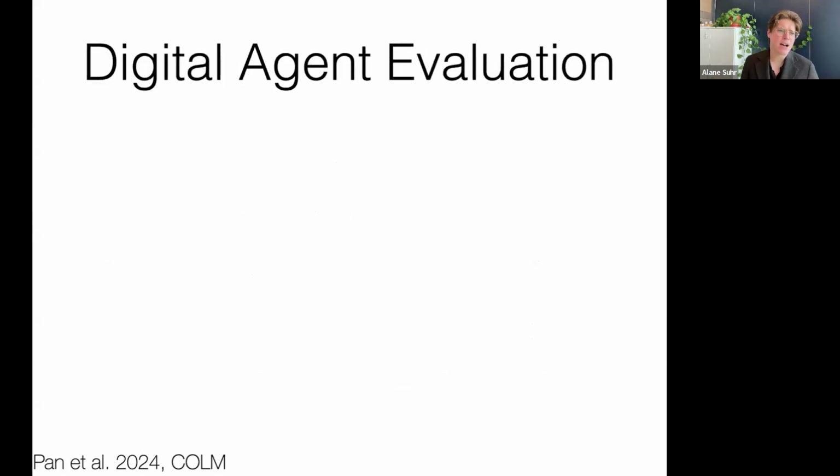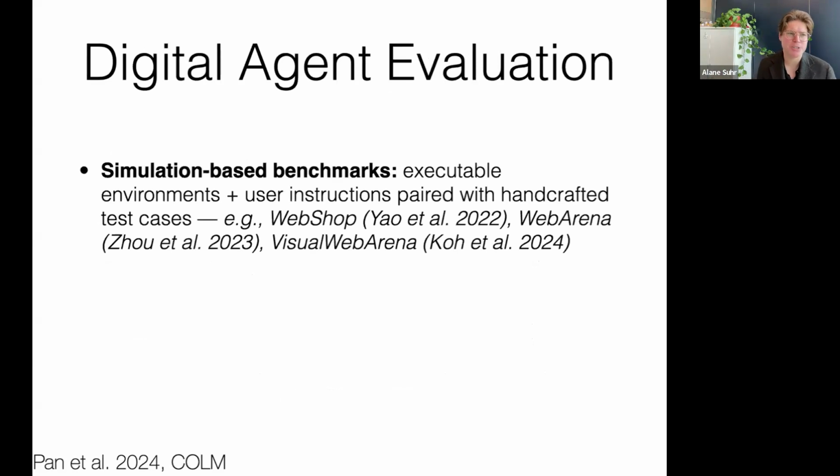So existing evaluations of these kinds of systems fall into two main categories, including simulation-based benchmarks, where we have an executable environment and user instructions paired with handcrafted test cases, where we can take an instruction, sample some actions from our agent, and then for whatever sequence of actions it's sampled, test them against these test cases and get some kind of result on whether or not it actually completed the instruction.